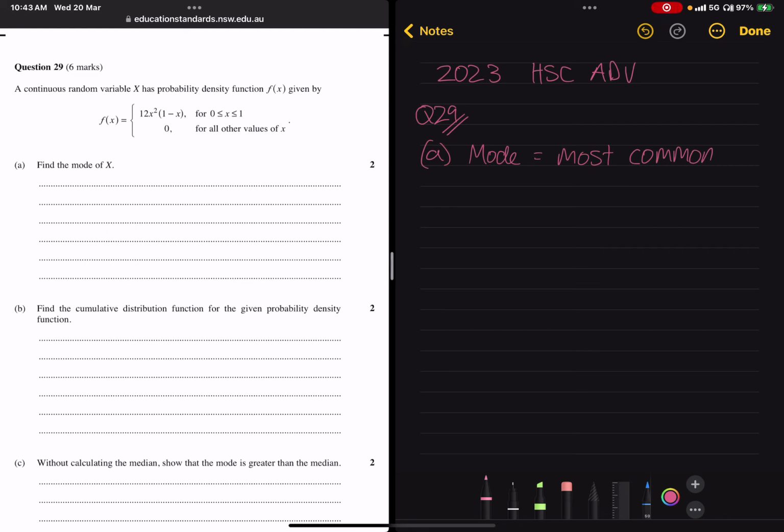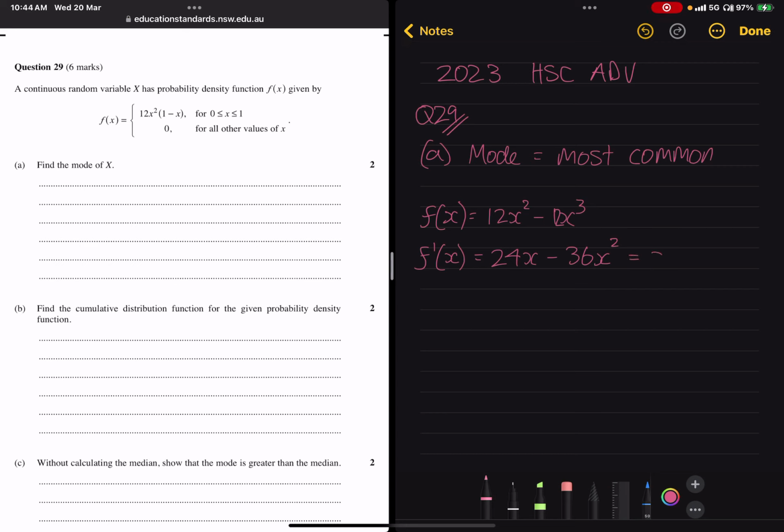So this is what we are trying to find. The way we can do this is essentially treat this as a function, find the derivative, set that equal to 0, find the max. So we have f of x equals, we'll expand that function, 12x squared minus 12x cubed. This means the derivative f prime of x is going to be 24x minus 36x squared.